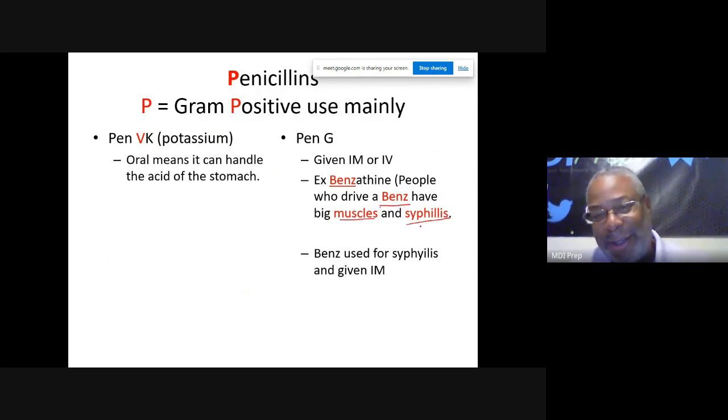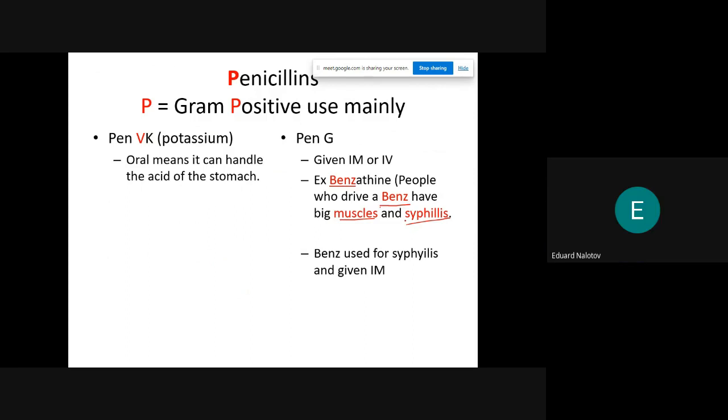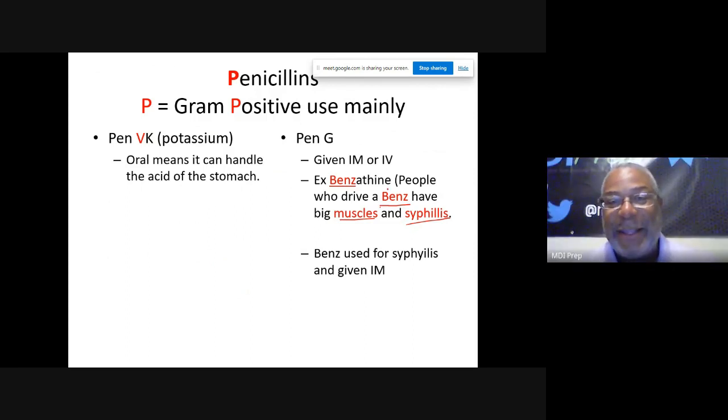That's not true, but it's an easy way to remember the question. So when you see Pen G, I want you to think of Pen G as the person driving the Mercedes-Benz. And this person has big muscles, but they also have syphilis. Got it?